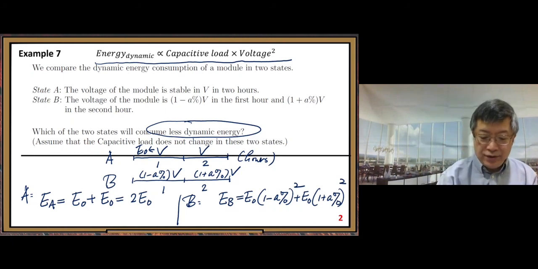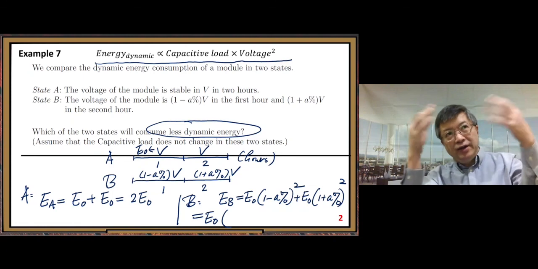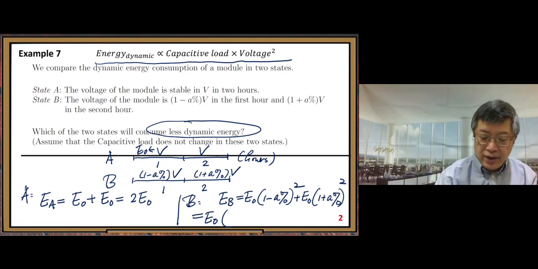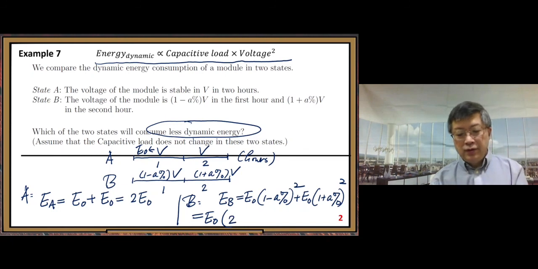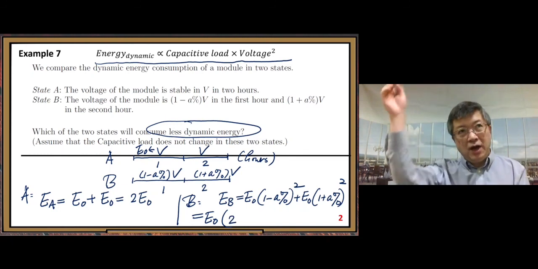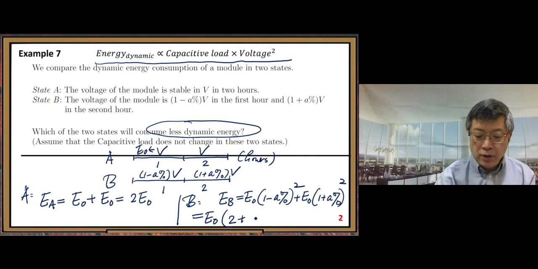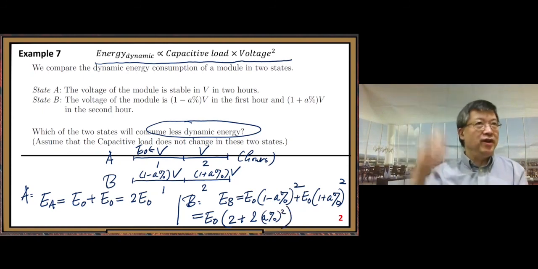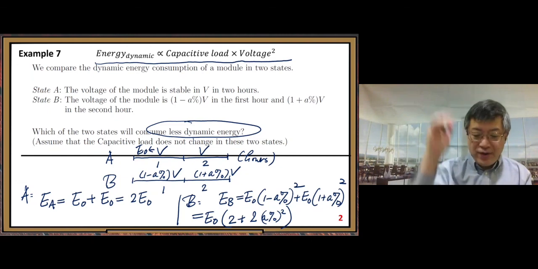I hope you can do the simplification. It equals E0 times, expanding using the formula, right? You will get 2, the minus and plus cancel out, plus 2 times A% squared. Just some number squared, some positive number squared.